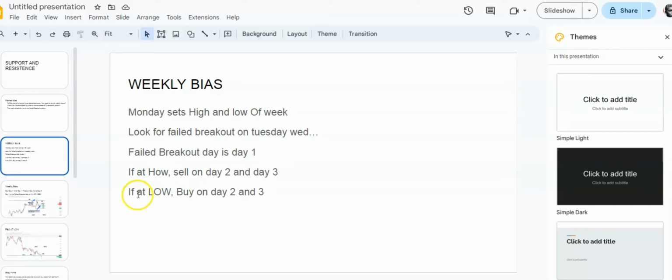Now, you can also have the failed breakout at the low. And using this system, you won't always be getting the setup that you want. You will be getting a reliable way of determining where the market is headed for the week. That is why I call it the weekly bias. Now we have the bias of the week.